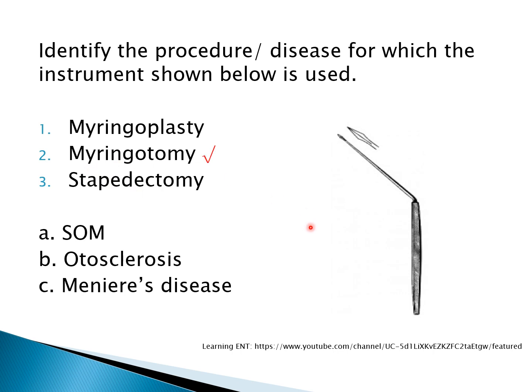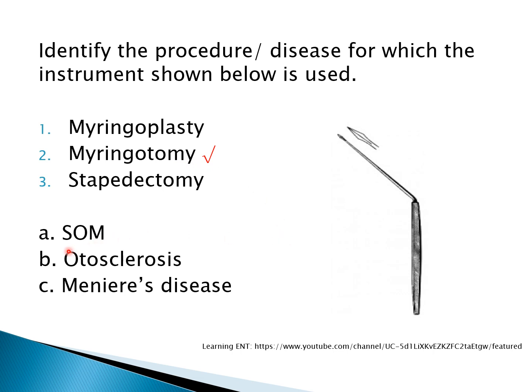Another way of framing this same question is, identify the disease for which the instrument shown below is used. And then 3 or 4 diseases may be given. So first again we need to identify that this is a Politzer myringotome. It is used for myringotomy. Then we need to know what the indications of myringotomy are.